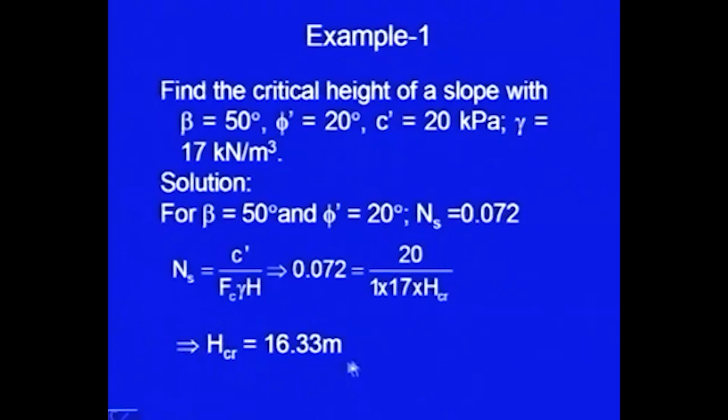So, it is a very convenient tool, you can do any kind of parametric analysis also. For example, you can vary gamma, what if in the field gamma is going to vary, then you can find out what happens to the HC, or if C dash is varying, what happens to the H. All these parameters C dash, NS, FC, gamma and H are interconnected with each other.